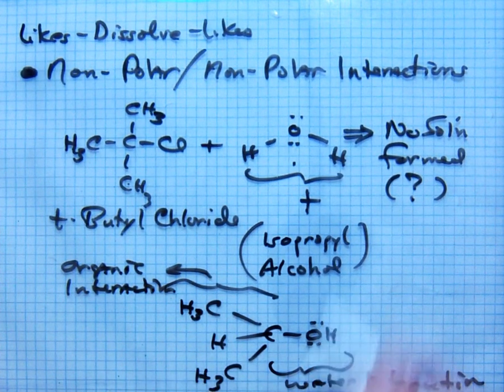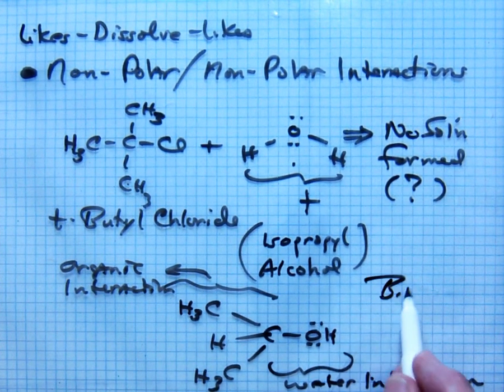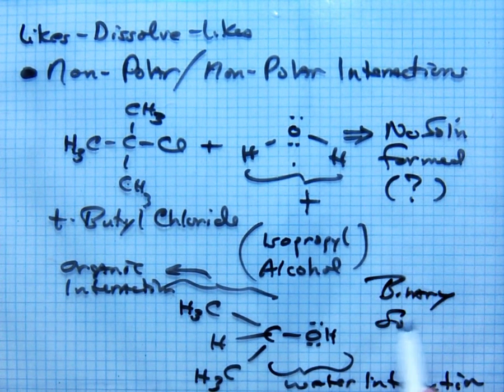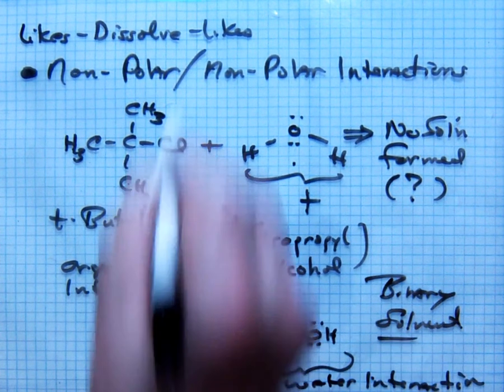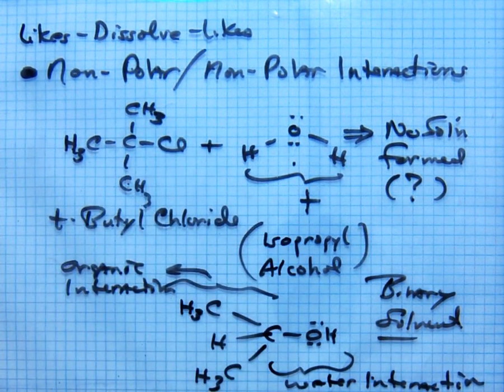And so I have a binary solvent that dissolves a target molecule, and then we can run the reaction and study the rate of that particular reaction.